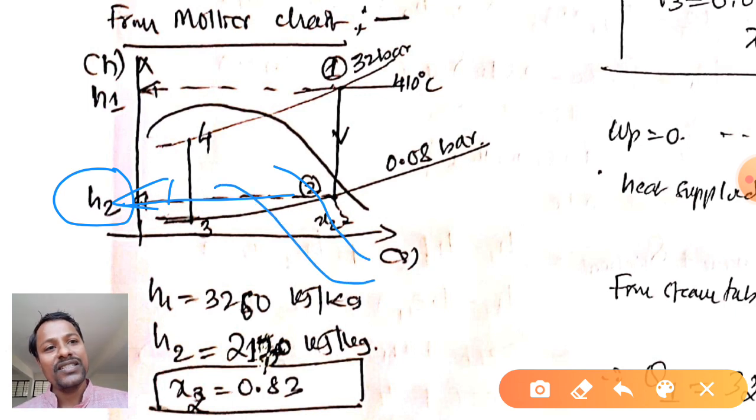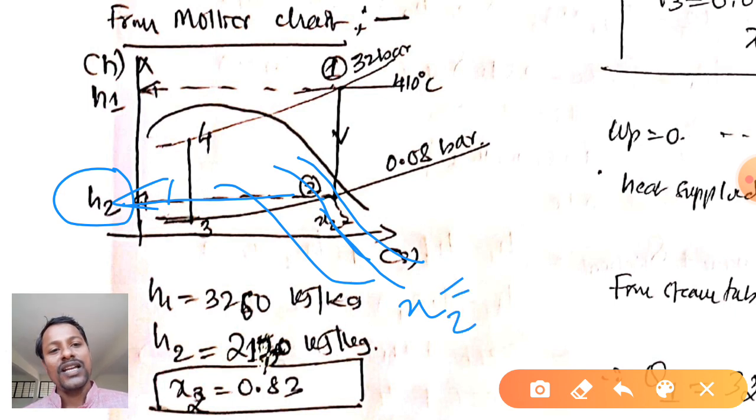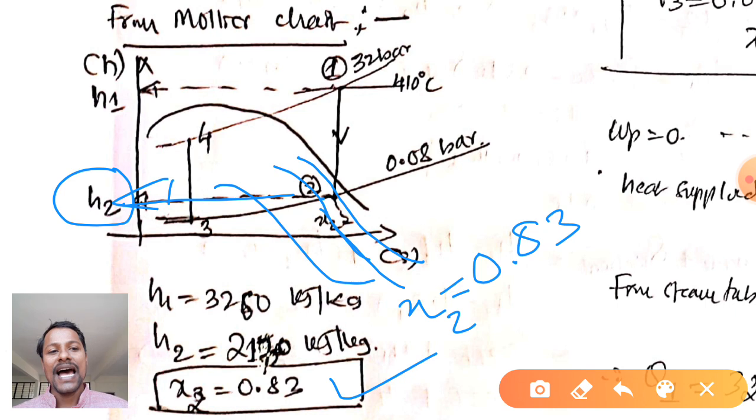You find a line which matches state 2 and read the corresponding dryness fraction value. If you read in this procedure, I will be able to get the value of x2 as 0.83. So this is my answer.